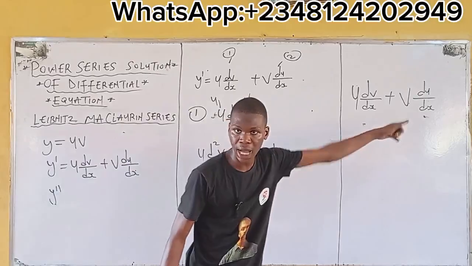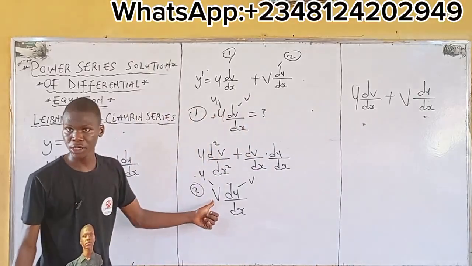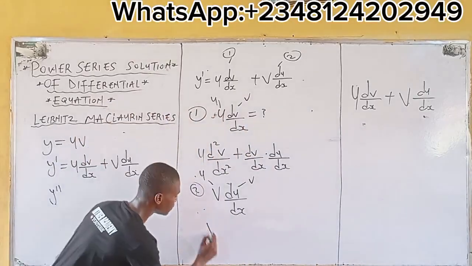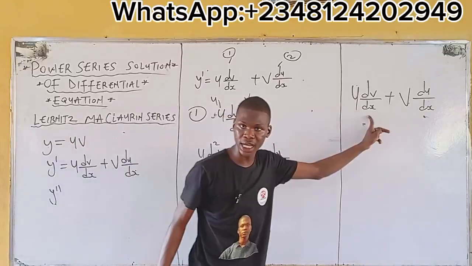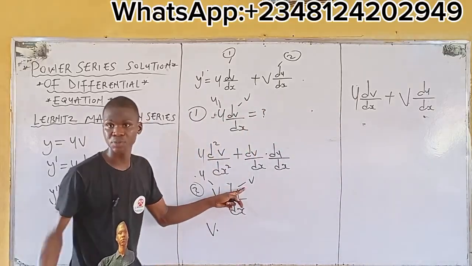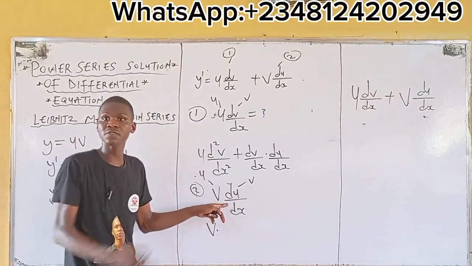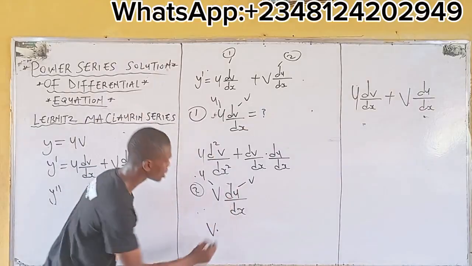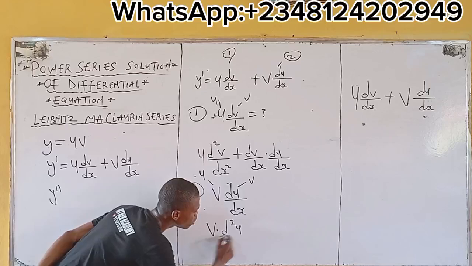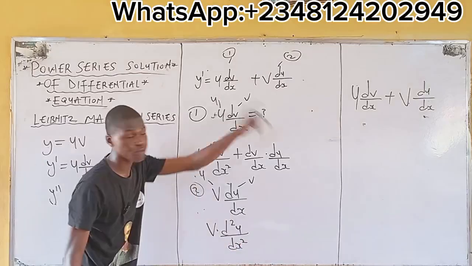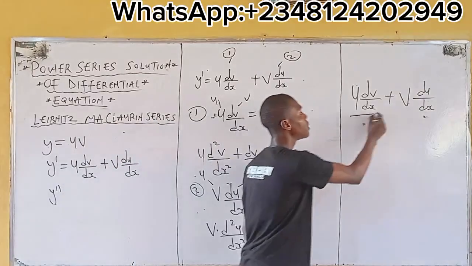Applying product rule formula, identify what is my u. My u is v, meaning I write v, multiplying dv/dx. If this is v, dv/dx becomes the derivative of this with respect to x, which is d²u over dx². From the product rule formula, we've already implemented this, right?